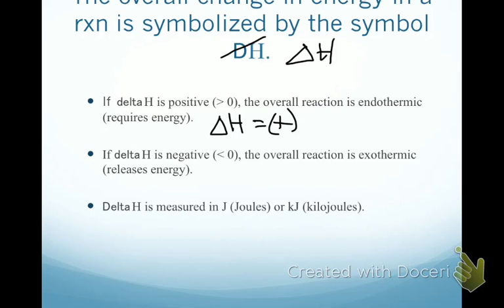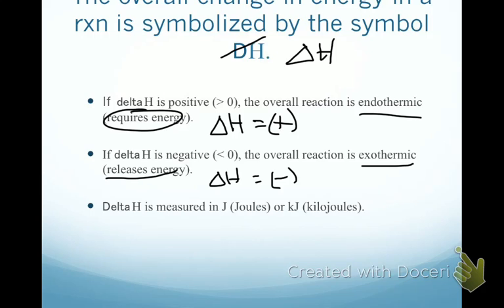On the other hand, if your delta H is negative, any number, negative 7, negative 324, it's going to be an exothermic reaction, which means it releases energy into the environment. That is usually measured in joules or kilojoules, to show how many are absorbed in an endothermic reaction and how many are released in an exothermic reaction.